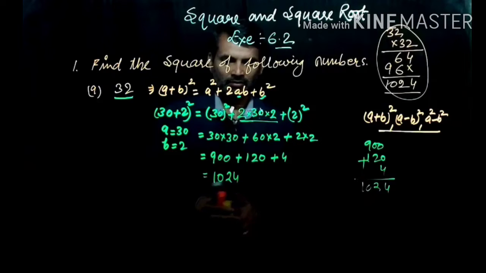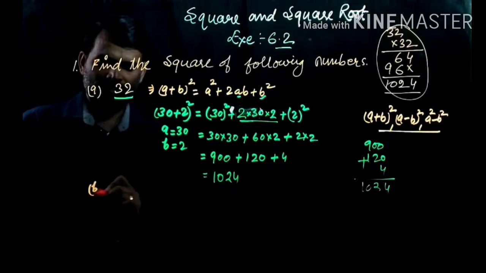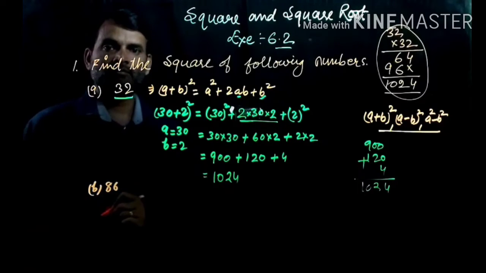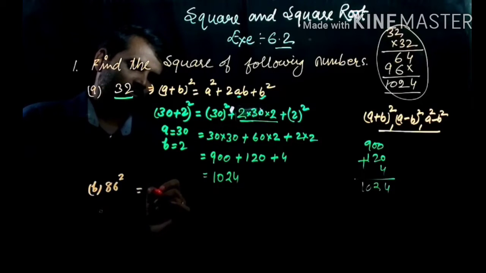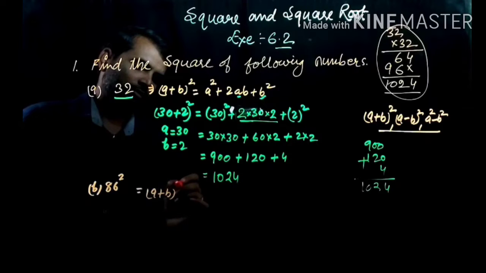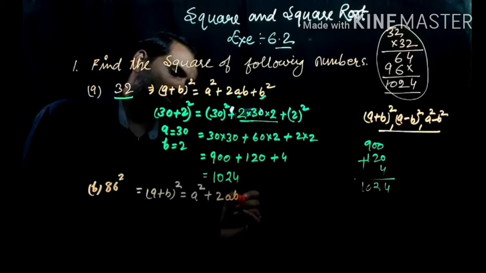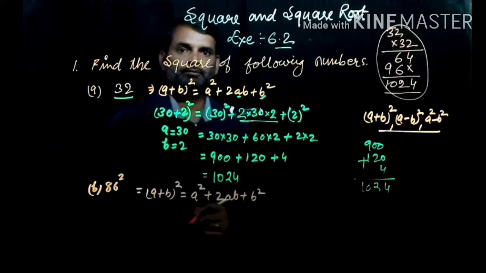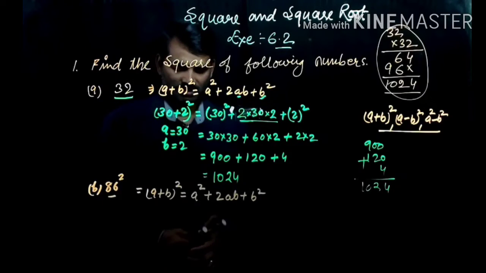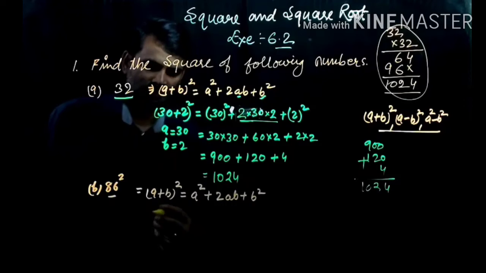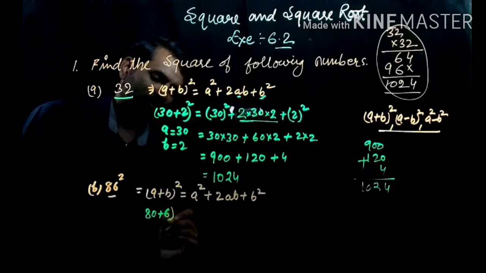Okay, now the next question is 86 square. Write the identity (a plus b) whole square is equal to a square plus 2ab plus b square, and divide 86 into two terms: 80 plus 6.